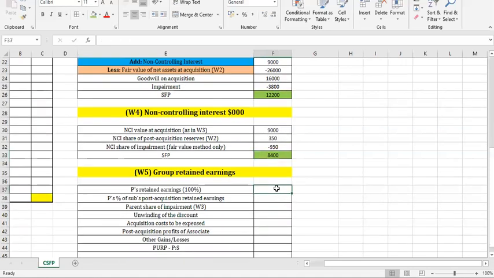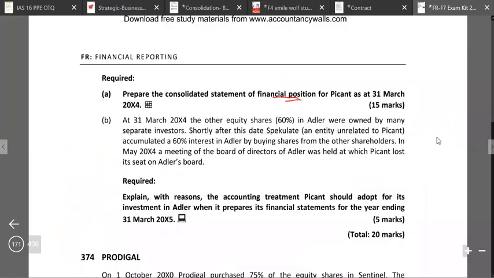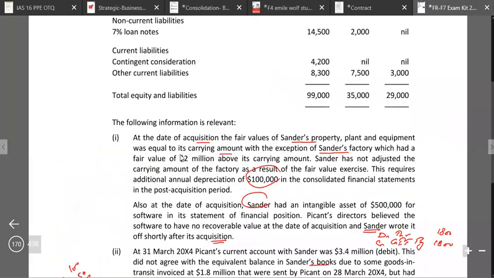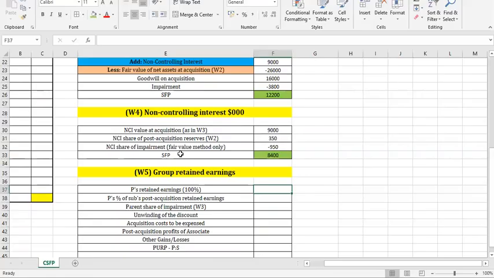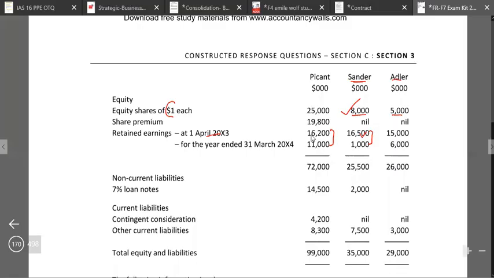Now let's come back to the parent retained earning. So let's go back to the balance sheet and the parent retained earning, where it is. So we have 16,200 plus 11,000. Why have we added these two things? This was at acquisition. This was the total year profit.